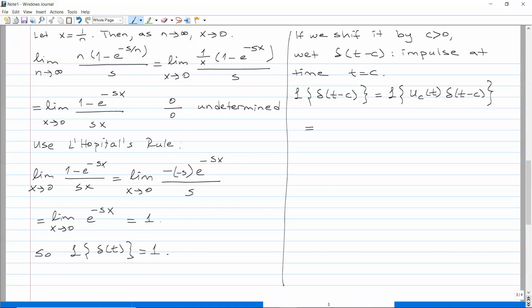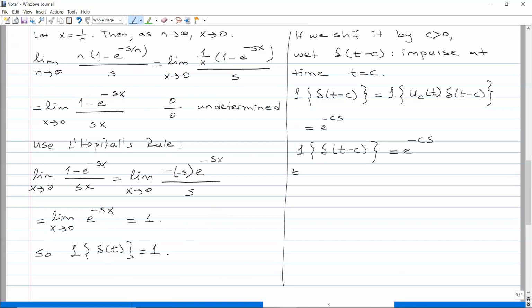So this transform is e to the minus cs times the Laplace transform of delta, but that's 1. So the Laplace transform, if you shift it by c, is e to the minus cs. If you shift it by 0, the original delta t you can consider as delta t minus c for c equals 0, and when c equals 0, e to the 0 is 1. So it is consistent with the Laplace transform of delta t.